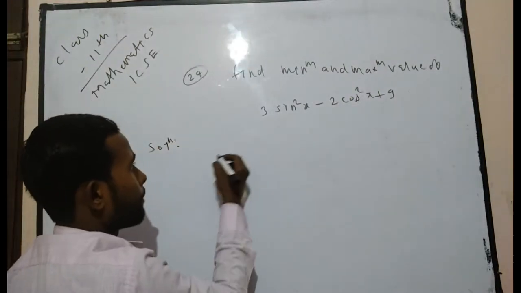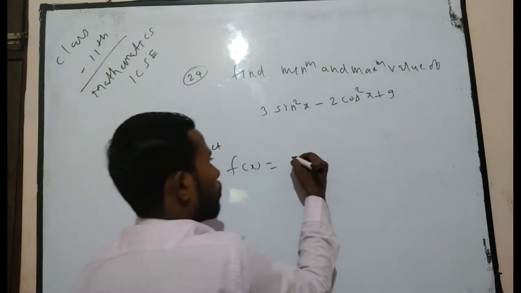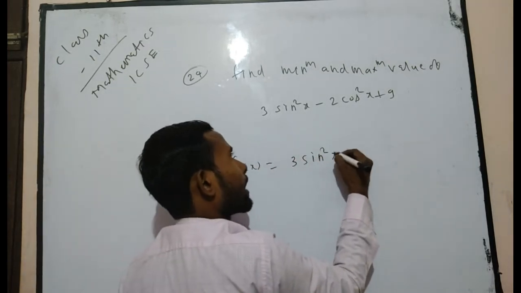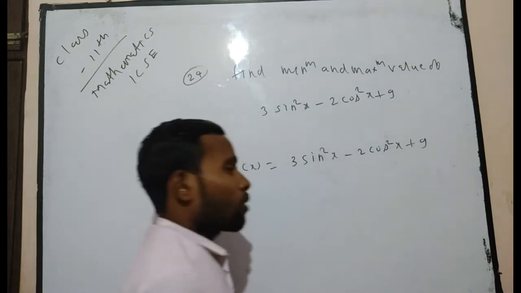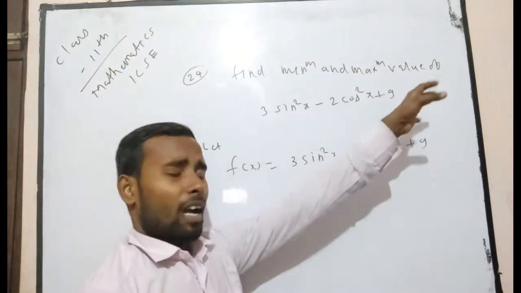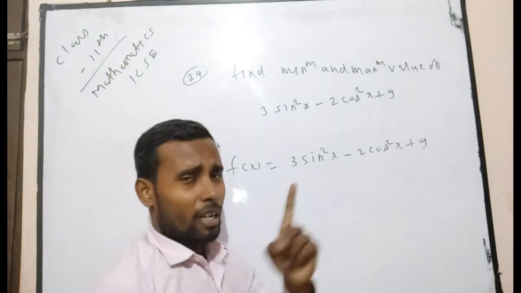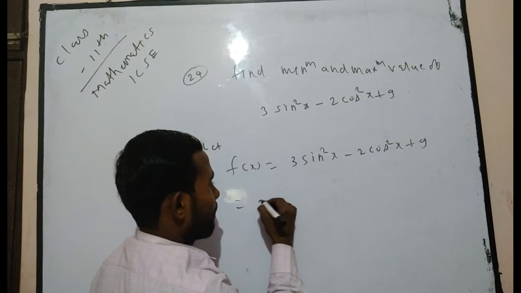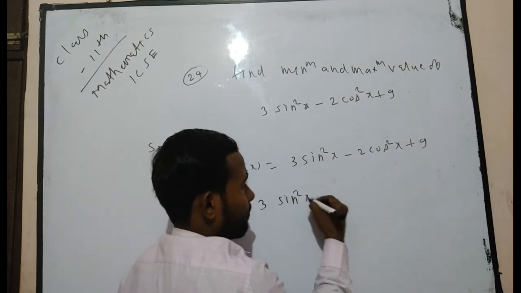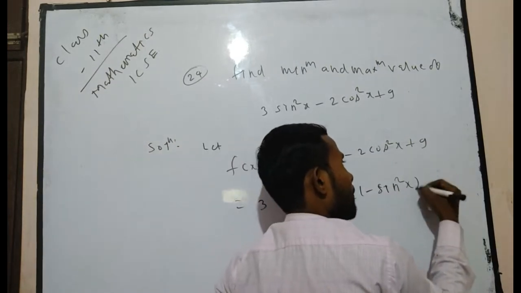Firstly, let f(x) is equal to 3 sin square x minus 2 cos square x plus 9. How can you solve this problem? First of all, I want to tell you, you have to convert it to a single trigonometric ratio. So you can write 3 sin square x minus 2 into cos square x, which can be written as 1 minus sin square x, plus 9.